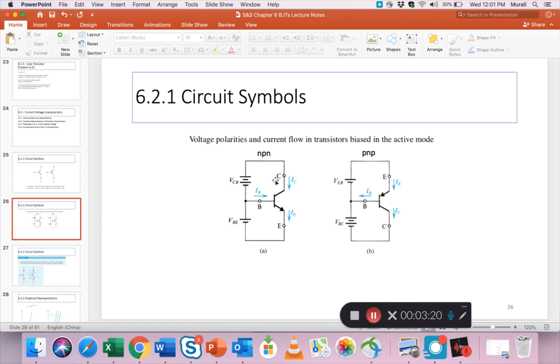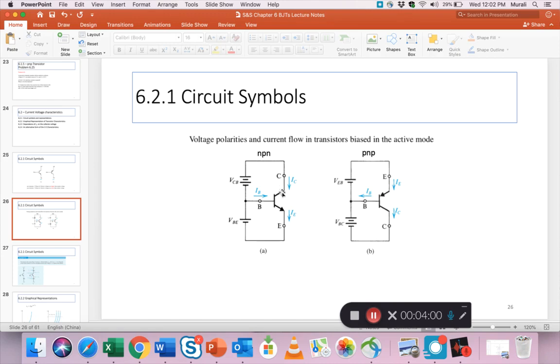And the base collector junction has this voltage VCB, which we know must be reverse biased, and that's why the positive terminal is connected to the negative collector block, and the negative battery voltage connects to the positive base block. The opposite is true for the PNP. This is for active mode, by the way.